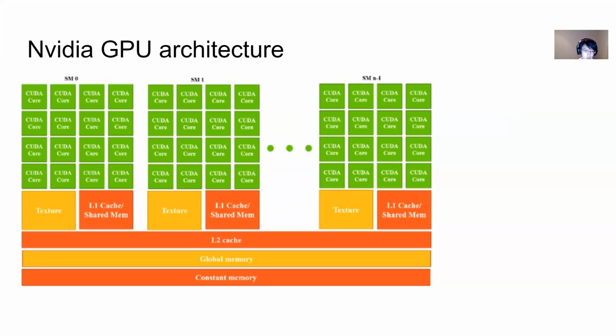The most different is that the L1 cache and the L2 cache are very small compared to the CPU, and the number of cores is much more than the CPU. So this is the difference between CPU and GPU.